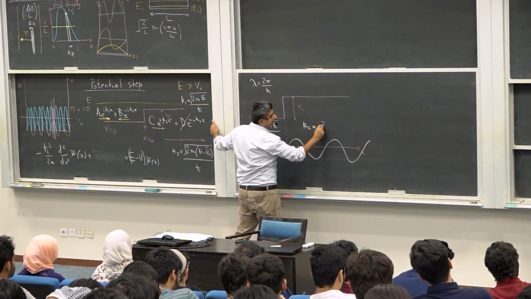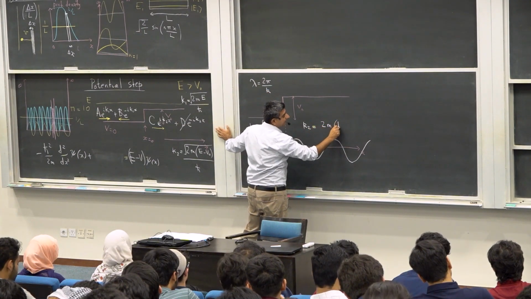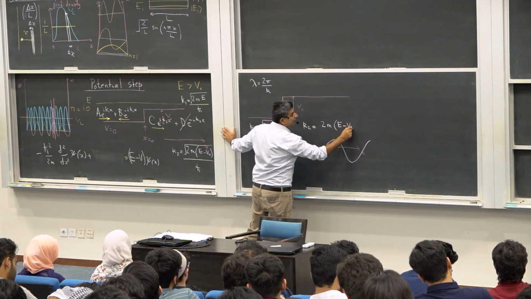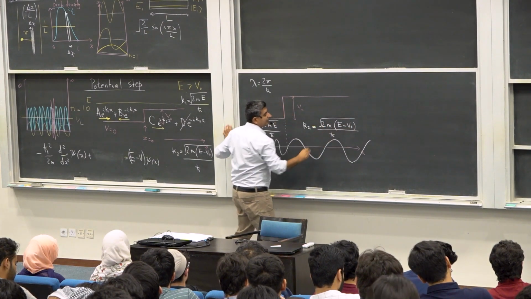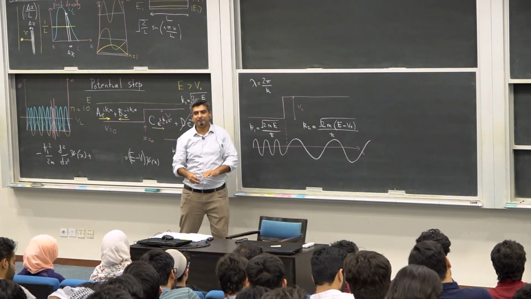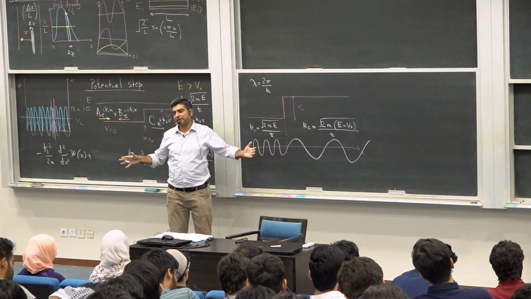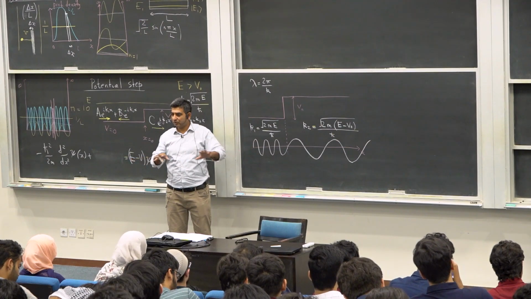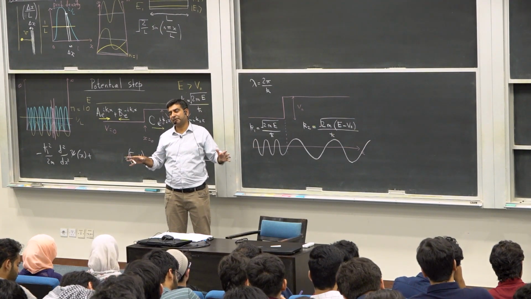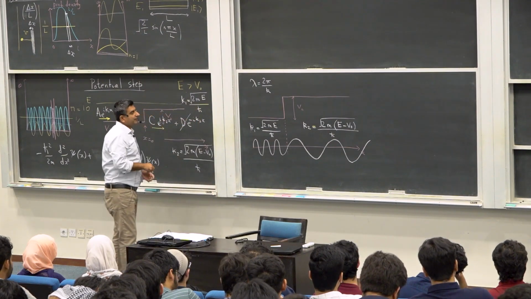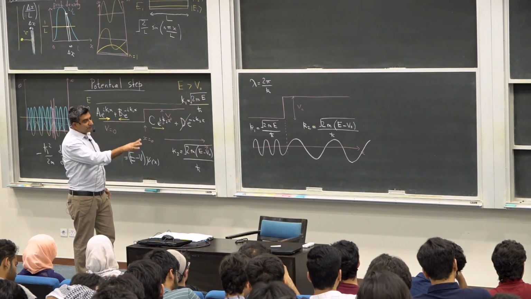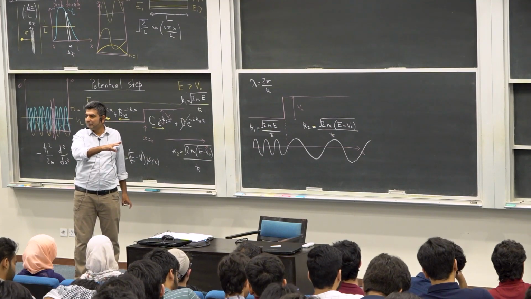Here k is square root of 2m(E minus V naught) over h bar, and the amplitude remains the same, because really it's not a bound particle, it's just seeing a potential step. So the amplitude remains the same. So far so good. Do you get this point?